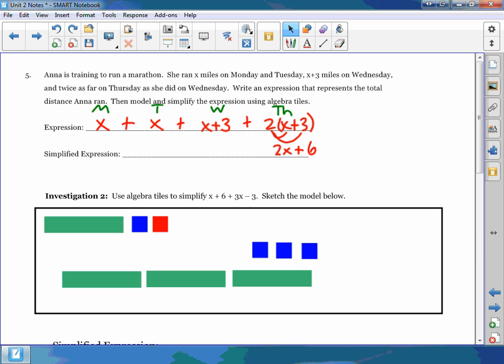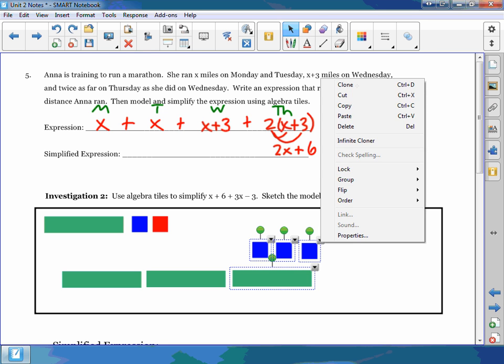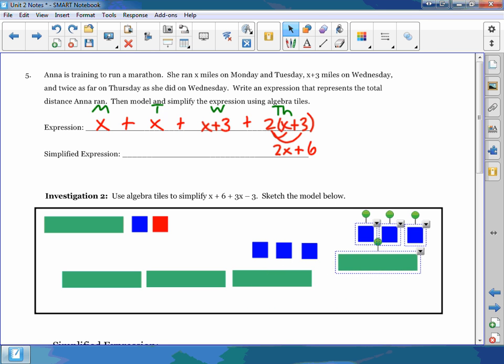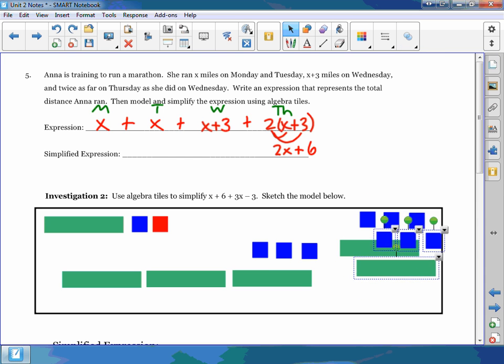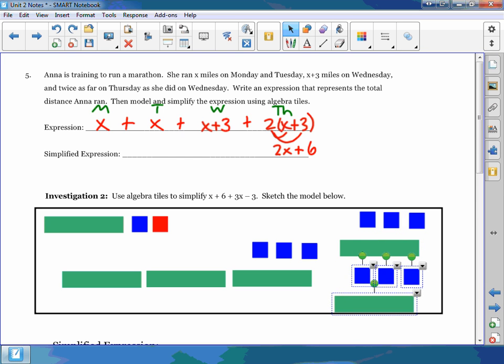And Thursday is 2 groups of X plus 3. So imagine I took this part here and did it twice. Right there.